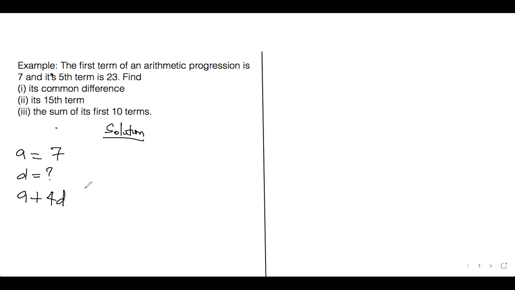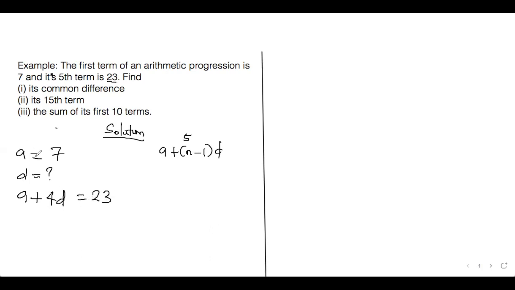You remember the nth term is A plus n minus 1 times D. So when n is 5, 5 minus 1 is 4, so A plus 4D is the fifth term.